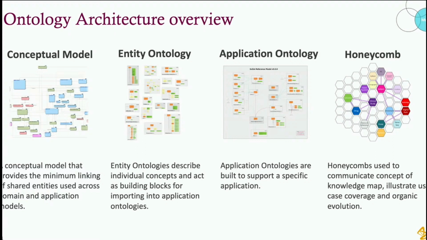So we build our ontologies, and in these, the orange post-it notes, which you can vaguely see, represent the classes, and the green represent the attributes.